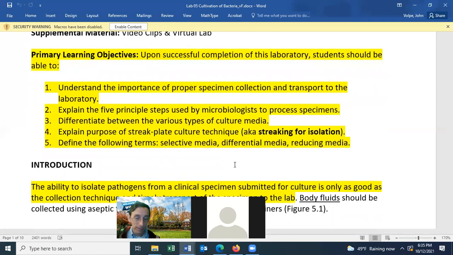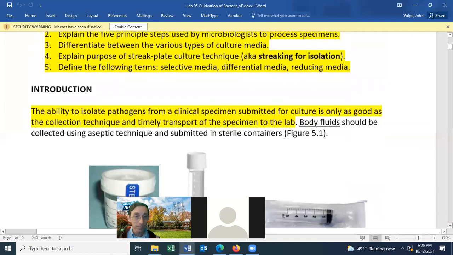This is more commonly called streaking for colony isolation. Be able to define the following terms: selective media, differential media, and reducing media. So we'll talk about these different media types today.